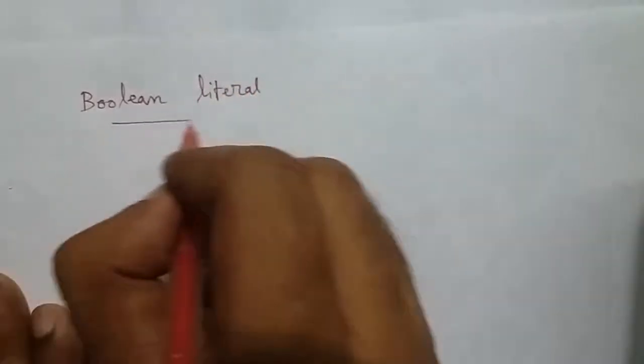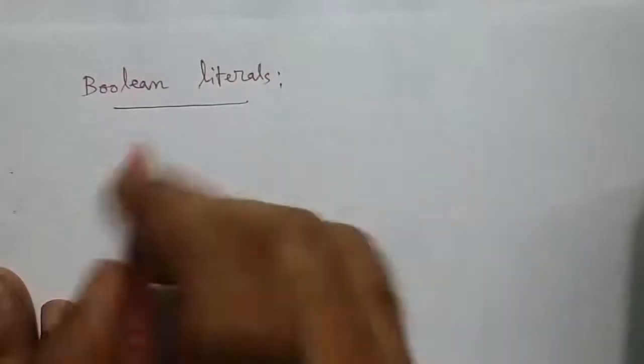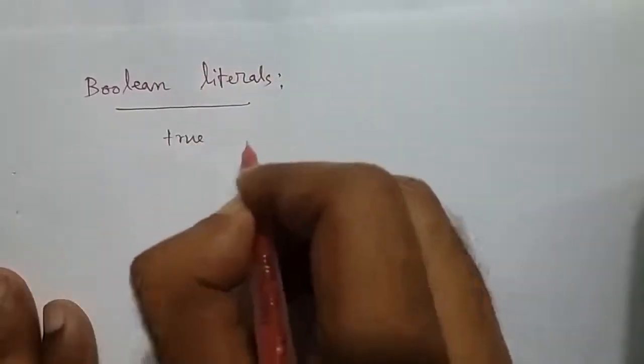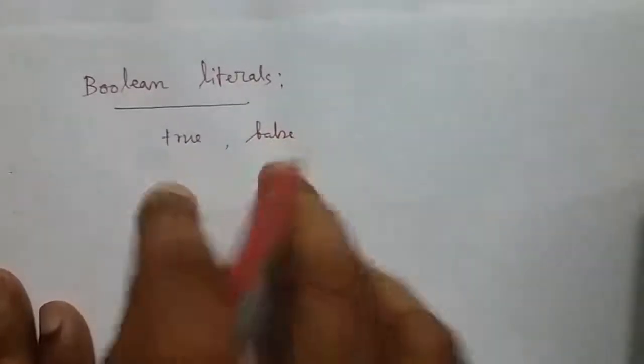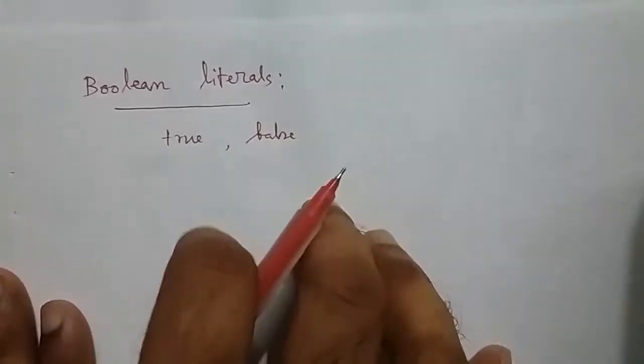Now our next literal is Boolean literal. Boolean literals represent two values. Number one is true and another one is false. So true and false are together called Boolean literals.